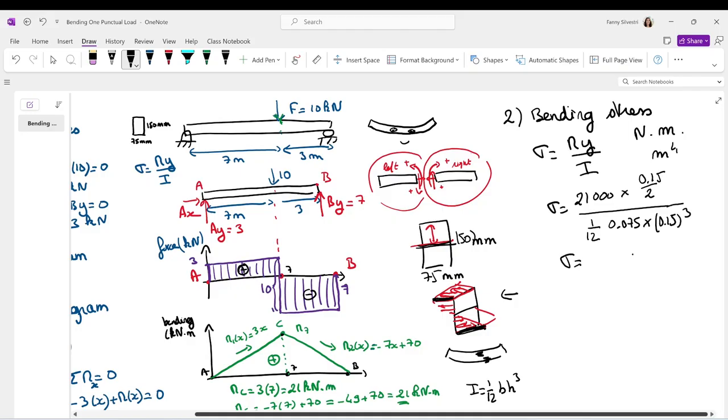And we get sigma equals 74.6 and so on, something like this, in Pascal. So that gives us sigma equals 74.6 megapascal. And that's the final answer.